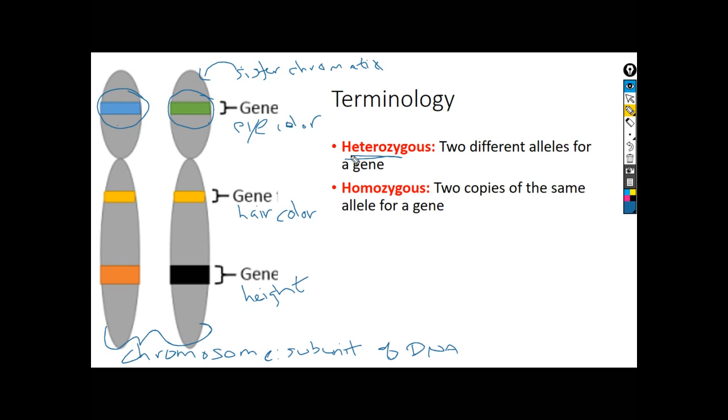Then I have a heterozygous gene. Hetero being the prefix for different. So heterozygous alleles, they're different. I have one blue one and one green one.